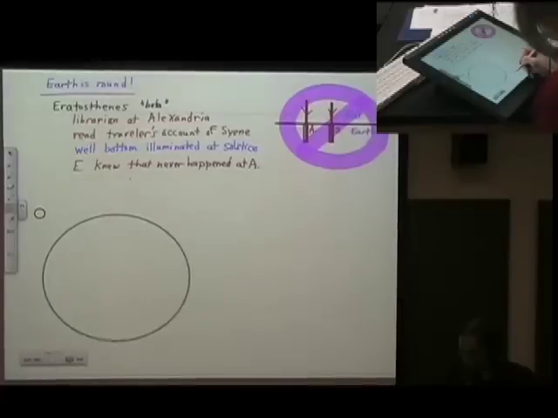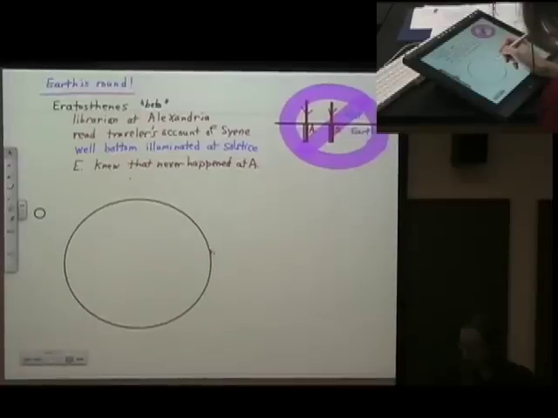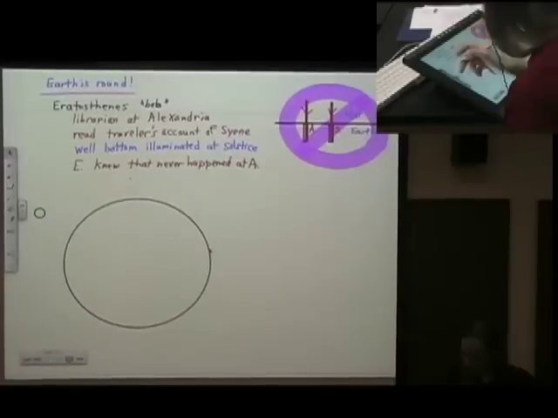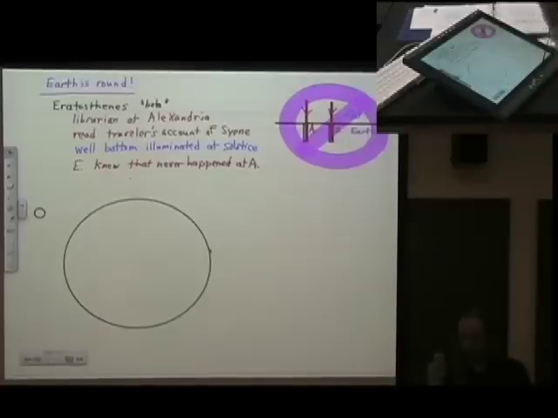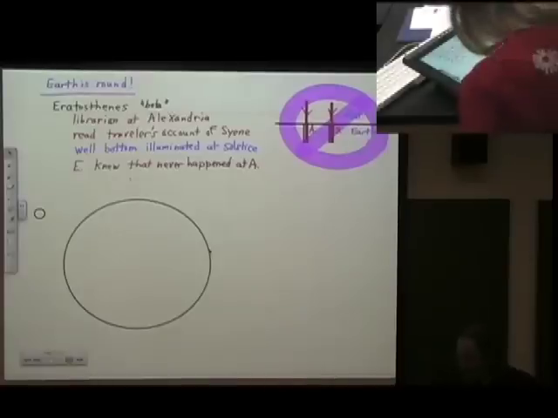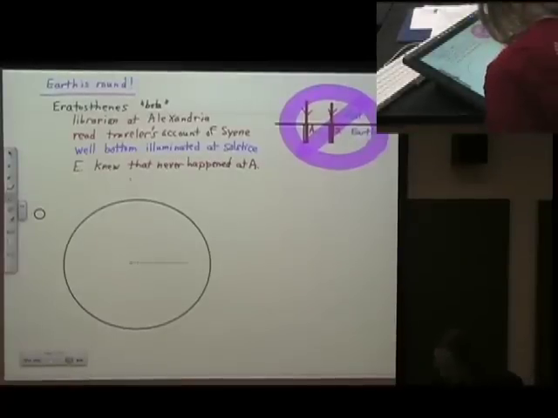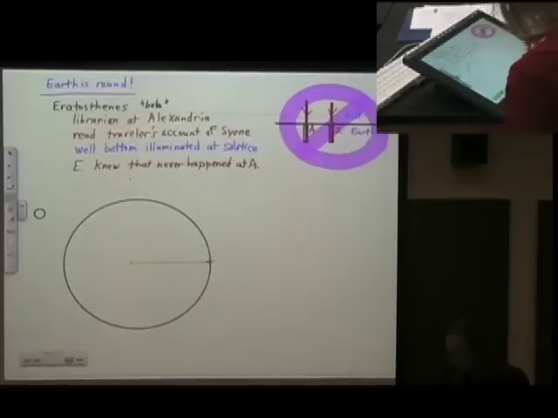So let me draw a circle here. The circle represents the sphere in cross-section. I'm going to need to put Alexandria and Syene in the sphere. And at your desk, you can be doing this as well. Here's a radius to maybe Syene.